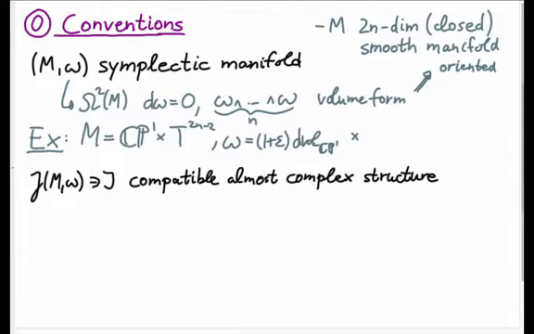And then the torus is a quotient of R^2n or of C^n, so on that we can write down the standard symplectic structure, which we get from wedging the real parts and the imaginary parts of our complex coordinates.